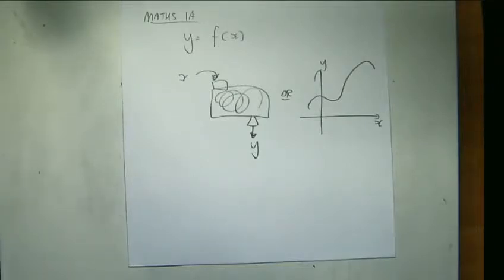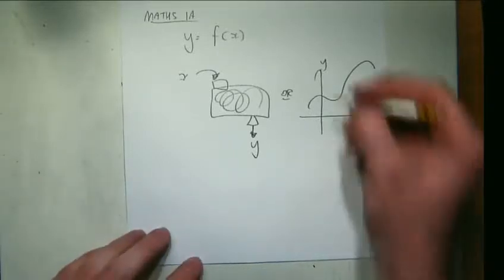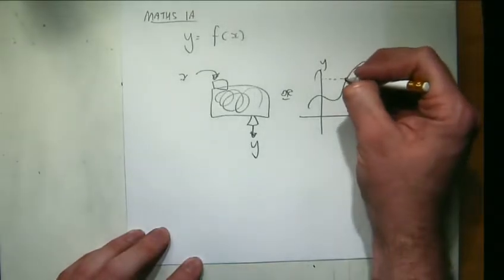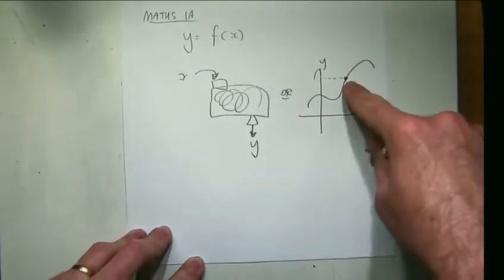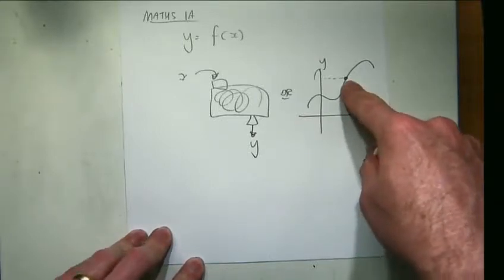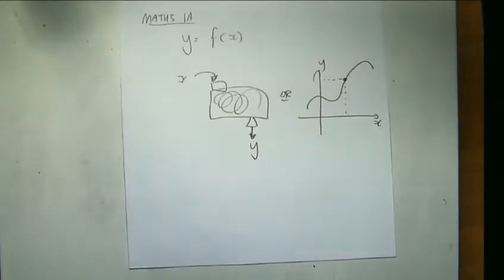But the most general definition of function is actually a relationship between all the possible x's and all the possible y's. You're saying that in this setting, this number y is related to this number x because they create a point that is on this line. So the rule for knowing whether the number x and the number y are related is, can I create the y from the x?